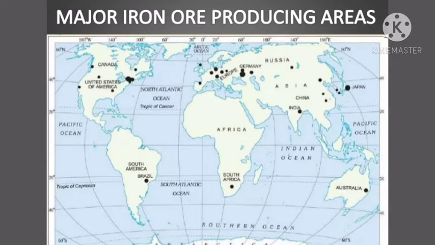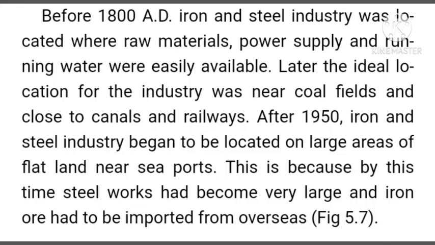The top 10 iron and steel producers are Japan, USA, China, Russia, Ukraine, Germany, Korea, Italy, Brazil and India. In India, the iron and steel industry is growing at a very fast pace and is the fifth largest producer in the world today.